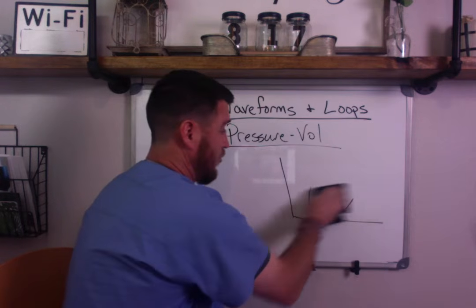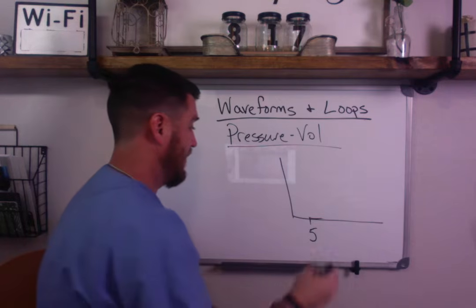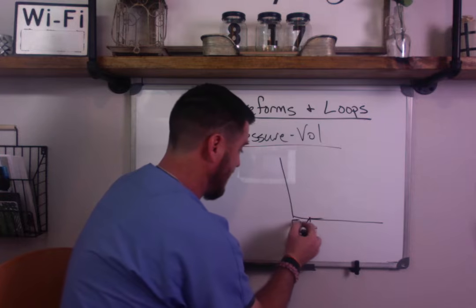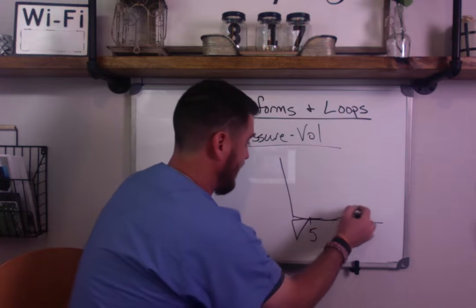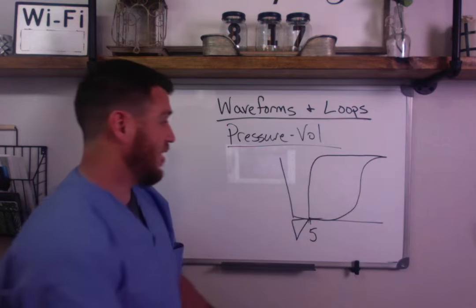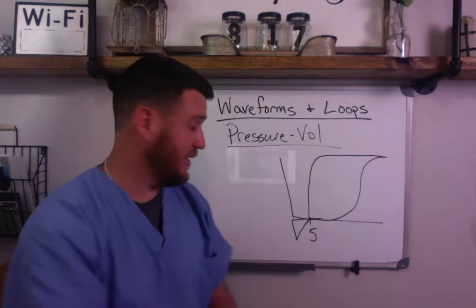Now I'm going to show you abnormal. So I'm going to come way back here and then start my breath. Okay, so this is obviously abnormal, right? Here's the 6 talking points.